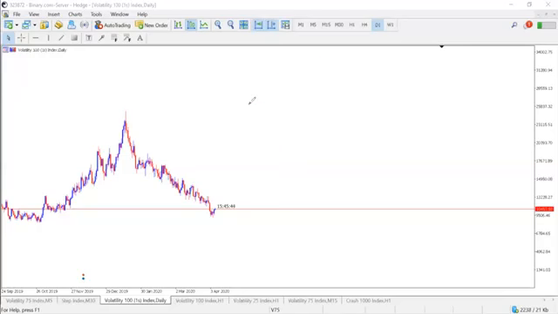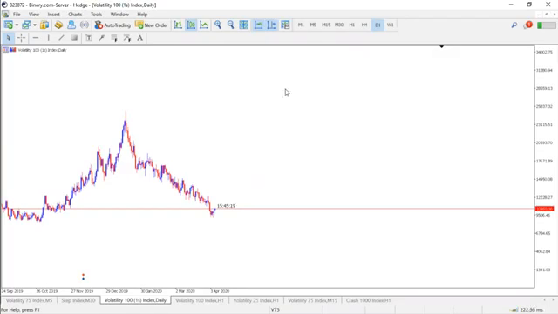So right now, I just want to go through a few tips of analysis. As I've mentioned, you need to have at least 3 time frames, right? Now, as you can see here, I'm looking at the volatility 101S index, right?